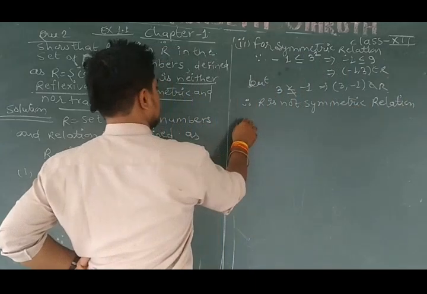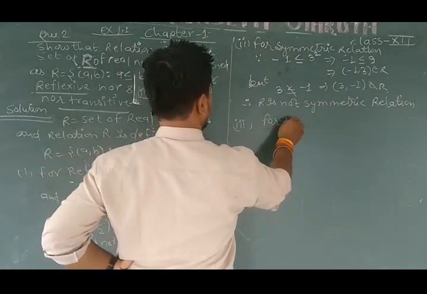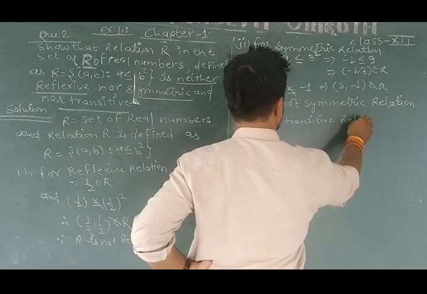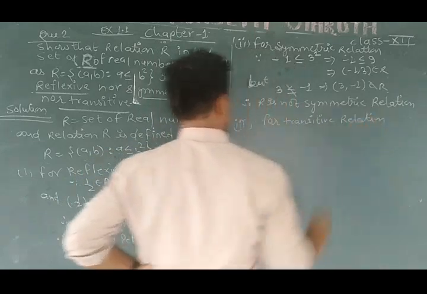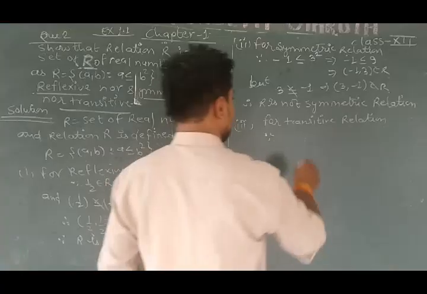In the other case, if we talk about the transitive relation, let 3 elements belong to R, any 3 elements.